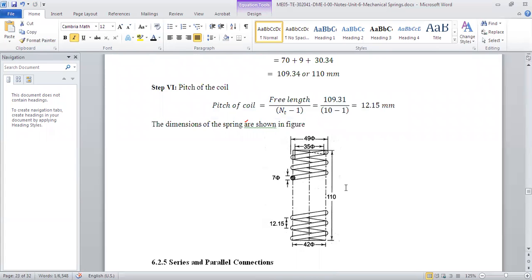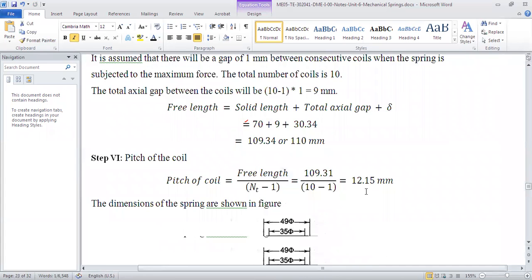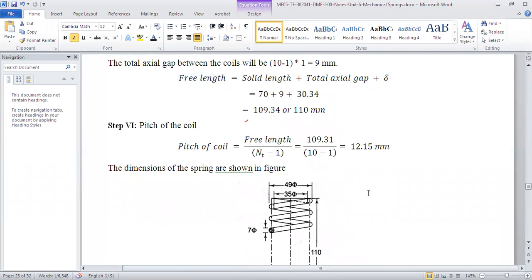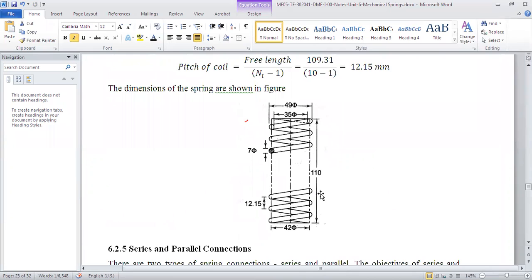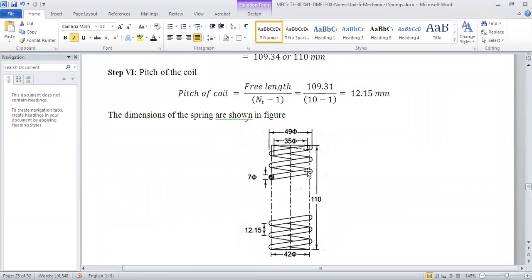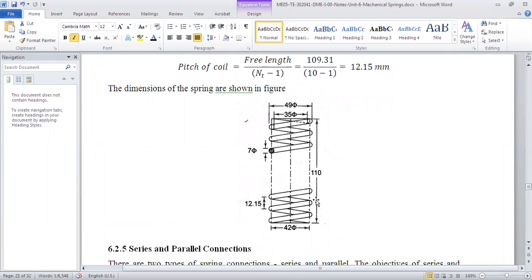So this is how the spring will look when we design it. See, now 110 is your free length, so the total length of the spring is 110. Pitch, the distance between two adjacent coils, is 12.15. I'm showing you a diagram for a better understanding of the spring.